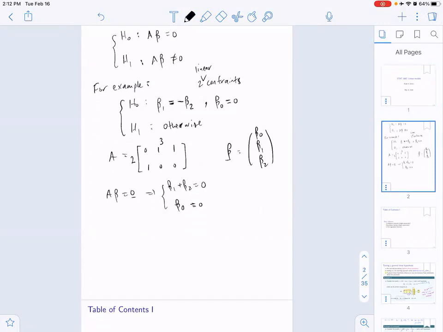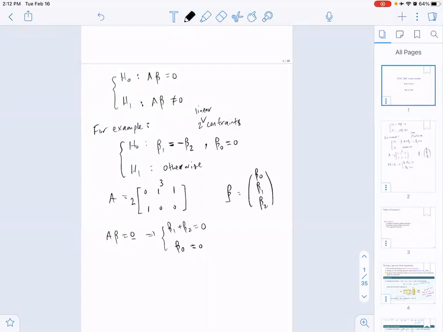So let me ask everyone, so far so good? That's exactly what we're talking about. We're trying to do a hypothesis, something like this. So our null is something like that. What is the difference between this and what we were doing before? Why do we need something new here?